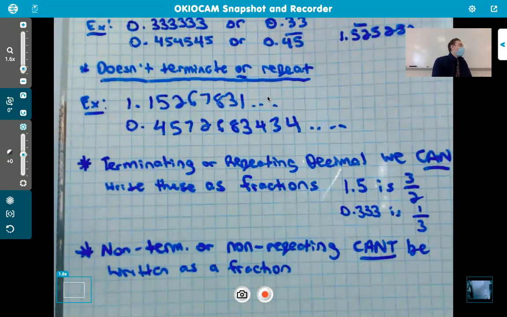So if I just have a random list of digits there, no repetition, doesn't end, it continues on for forever, I can't write that as a fraction. But if I do have terminating or I do have repeating, I can write that as a fraction.